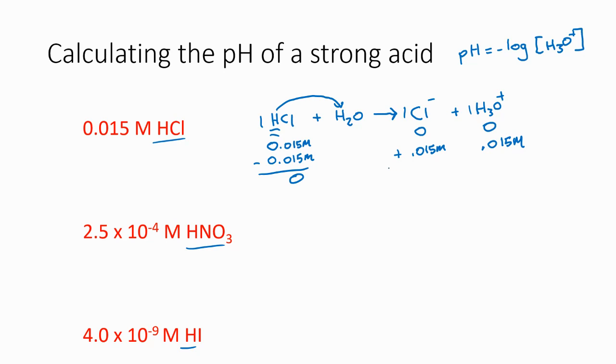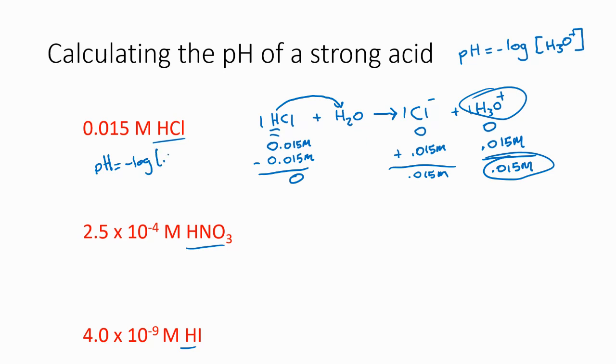So at the end of the process, I have 0.015 molar Cl minus, and I have 0.015 molar H3O plus. Now here's the thing. I really only care about this number because that's my H3O plus. So if I want to find the pH of this particular solution, it's going to be the negative log of 0.015 molar.